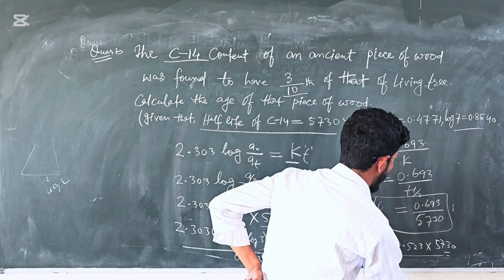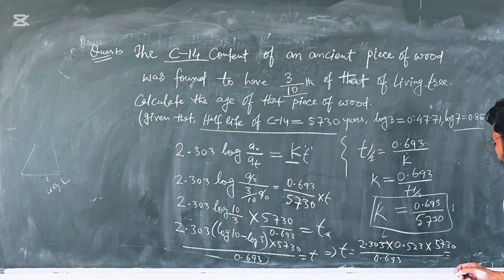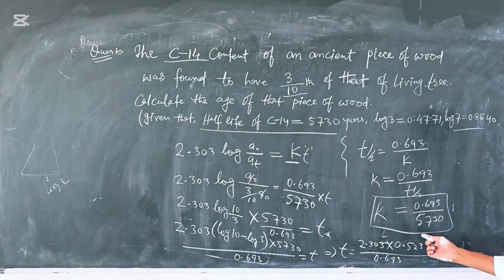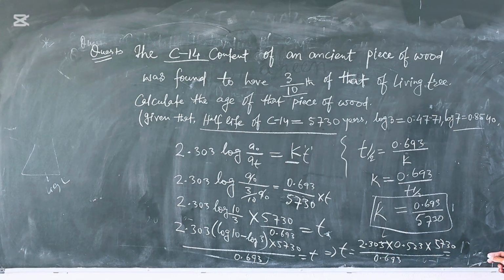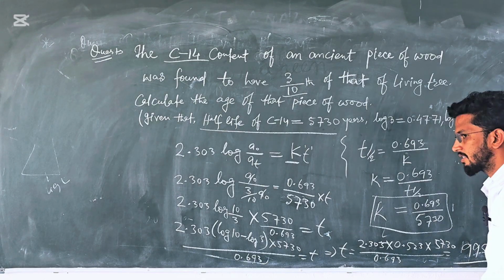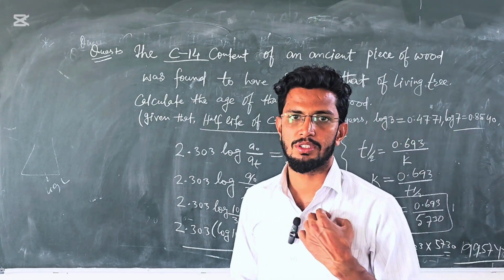After calculating this value by putting it on the calculator, you will simply get the answer: 9957 years. Okay, that is the answer, 9957 years. This will be the age of the tree. Okay, hope you got the answer.